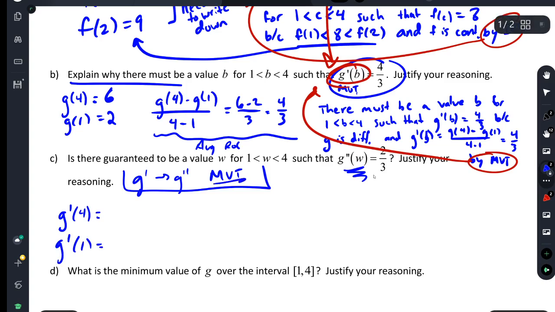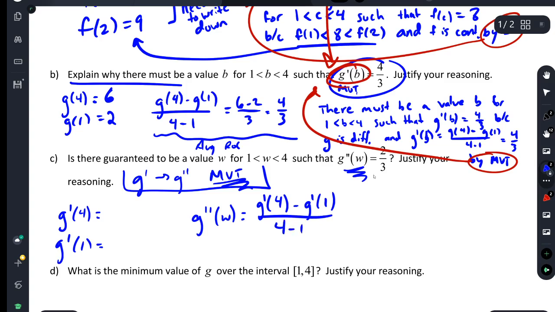Why g' and not g''? Because when I'm doing MVT, it's the average rate of change. So for MVT, it's saying that g'' of some value w must equal g'(4) minus g'(1) over 4 minus 1.